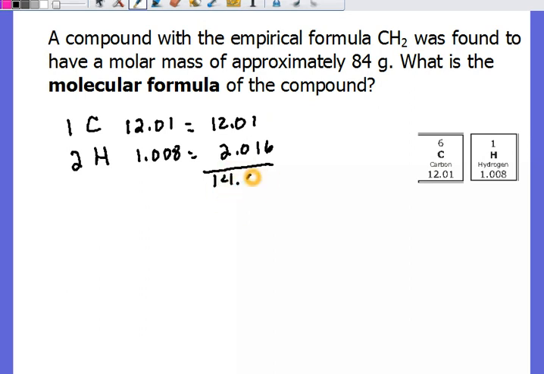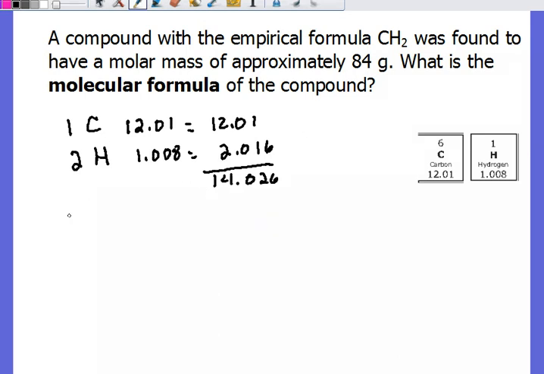You can calculate it the rest of the way out. It doesn't really matter for this part. But really what you need is, if you look at the molar mass of your molecular formula, it says 84 grams. So it's 84 grams per mole for the actual molecular formula, and the empirical formula is 14.